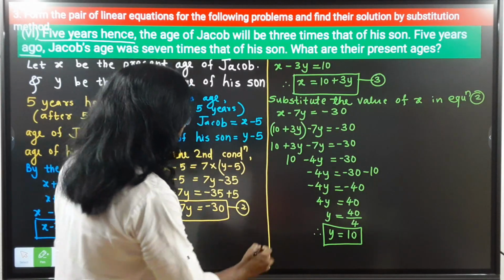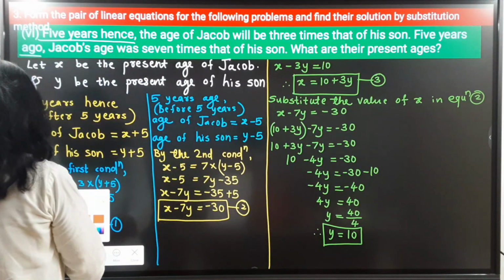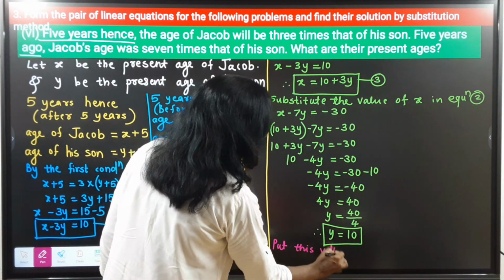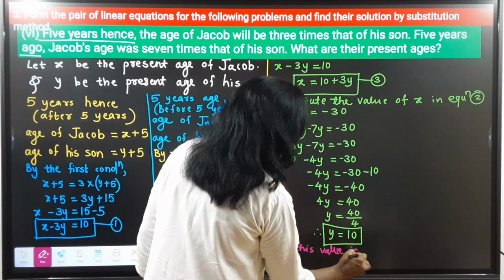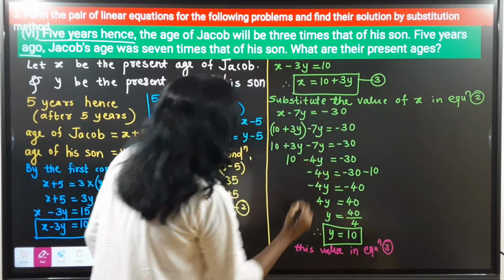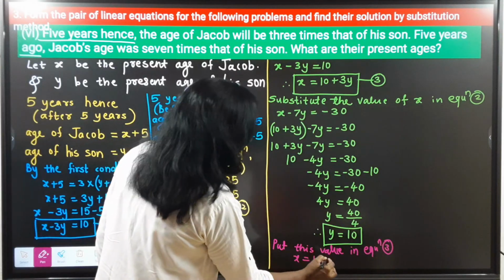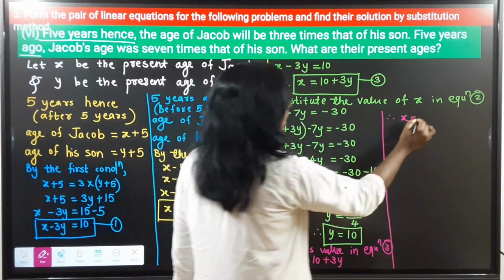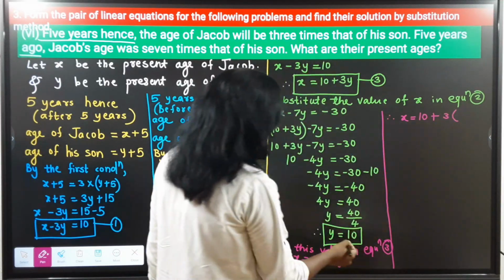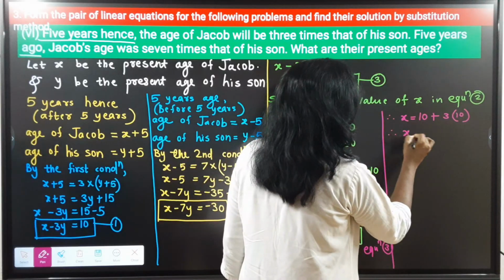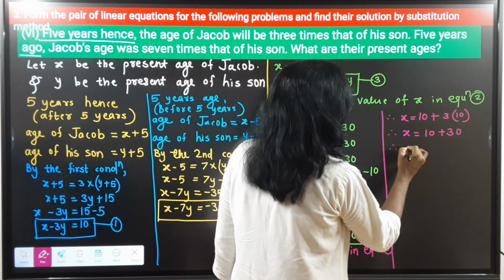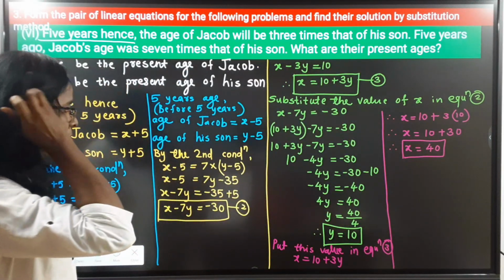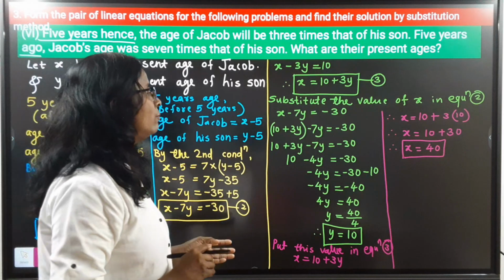Okay, students, now put this value in equation 3. The third equation is x is equal to 10 plus 3y. Therefore, x is equal to 10 plus 3 multiplied by 10. Therefore, x is equal to 10 plus 30. Therefore, x is equal to 40. Okay, students, we get the two values.